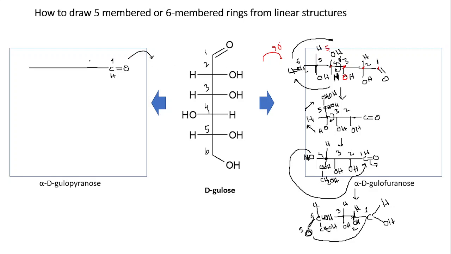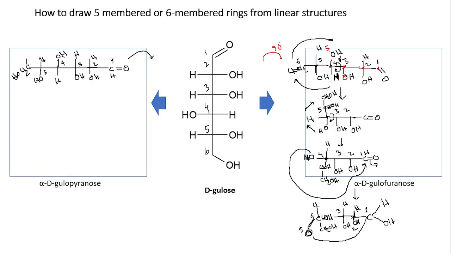Okay, then we have the OH pointing down, that is position number 2, OH pointing down, position number 3, this OH pointing up, that is position number 4, and this H and OH, number 5, OH and H and CH2OH right here. Okay, so that is position number 6.